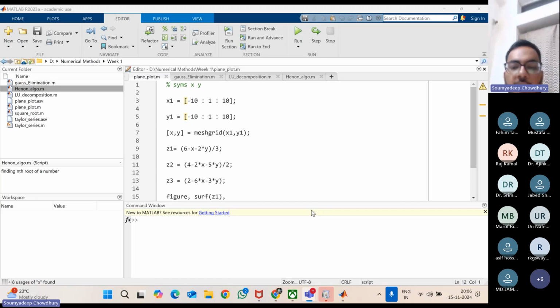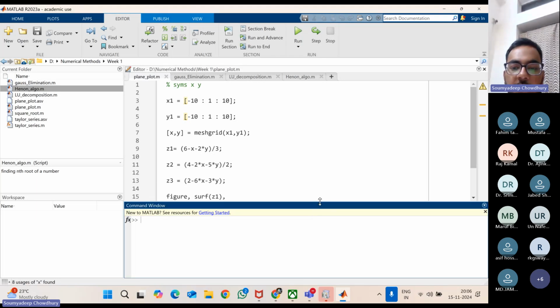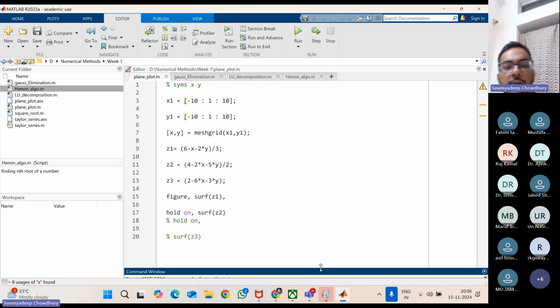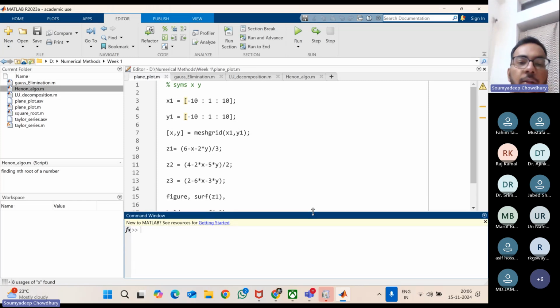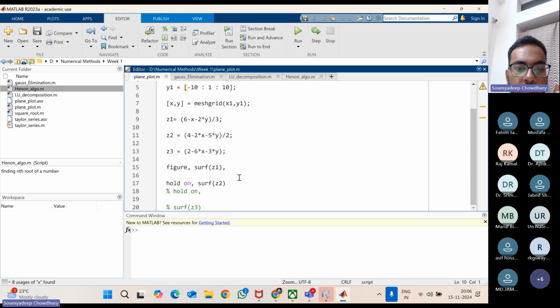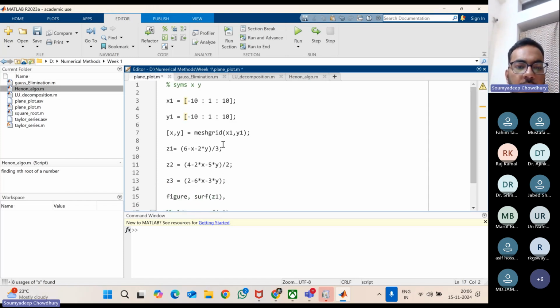So here you can see, I'll show you first, then I'll explain the code. What we are trying to do is visualize a plane. The equation of this Z1 I am trying to plot is 6 minus x minus 2y by 3.